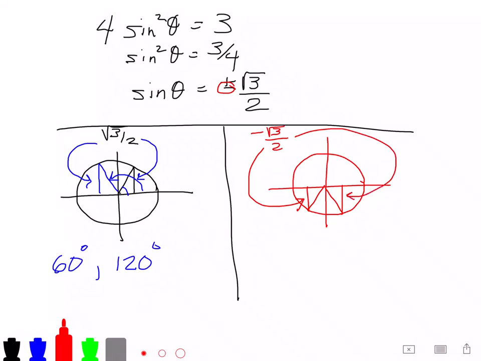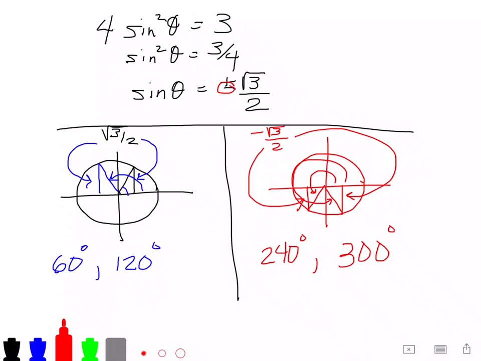And that angle is, of course, 4 pi over 3 there and 5 pi over 3 there, or that would be 240 degrees and 300 degrees. So let's see which ones work.